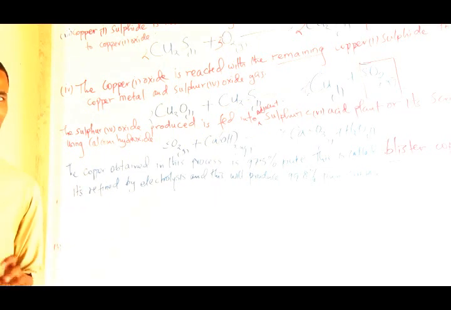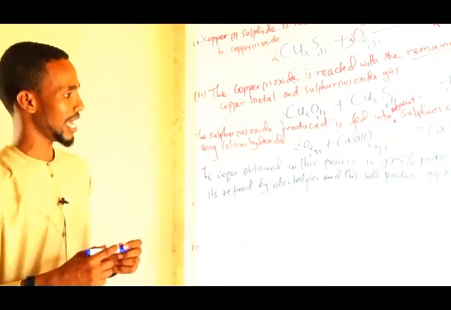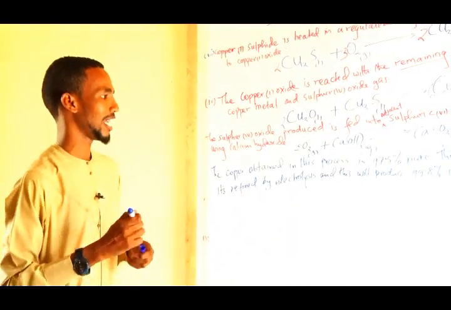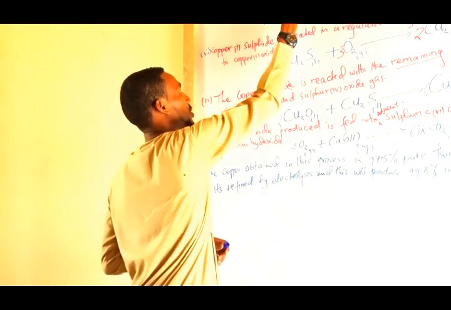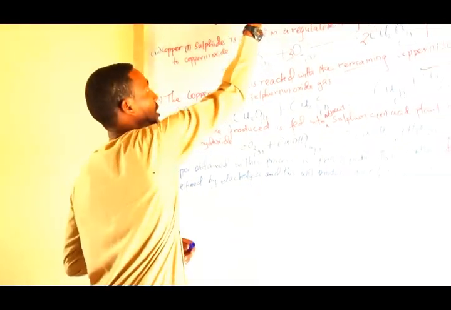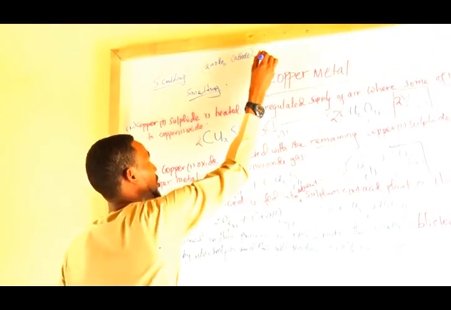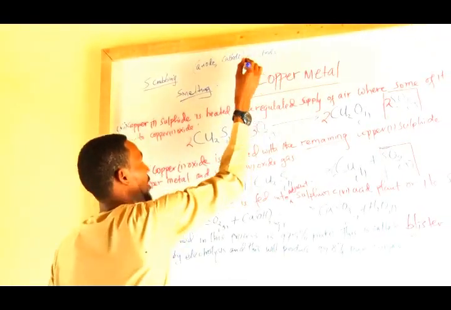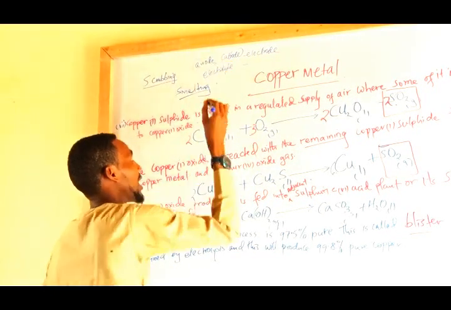During refining, of course, you must have an anode. In electrolysis, you must have an anode and another cathode. These are the electrodes. And then you must also have an electrolyte.